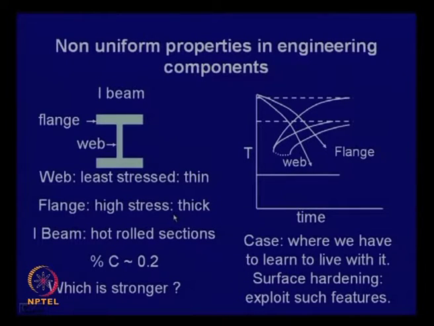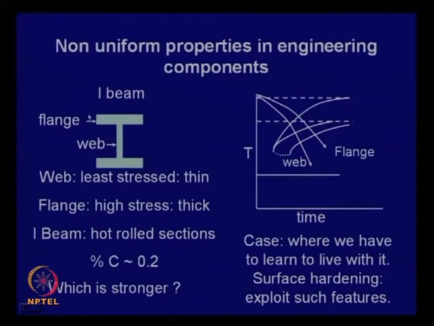And in fact, if we look at a real component, it always has a particular dimension, and very often these dimensions are quite large. One of the common structural components that you may have seen is the I-beam.